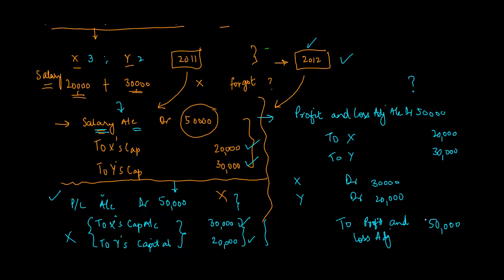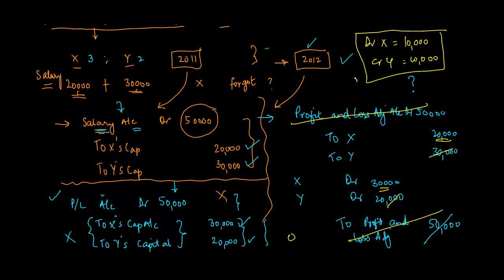If you see the net impact, what is it? You've got a credit for the P&L adjustment account for 50,000, and a debit for it of 50,000, so effectively 0. You've got a credit to X of 20 and a debit of 30, so net debit for X is 10,000. You've got a credit to Y of 30 and a debit to Y of 20, so credit to Y is 10,000.